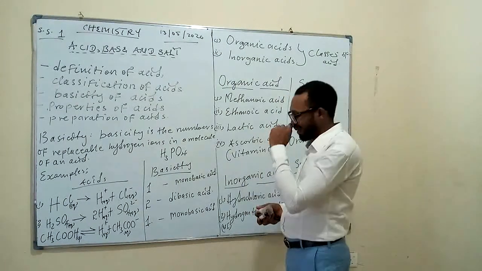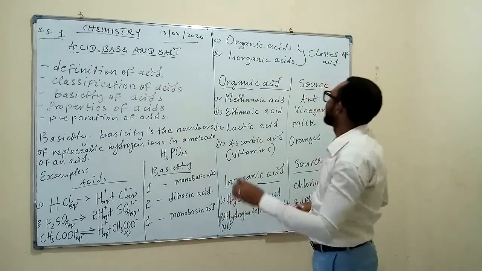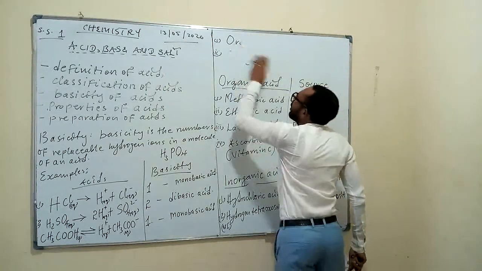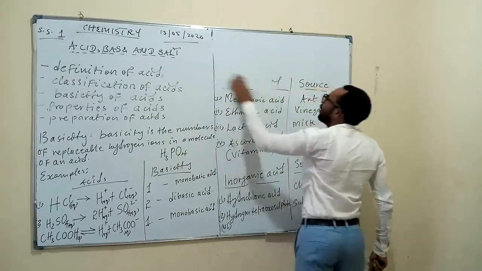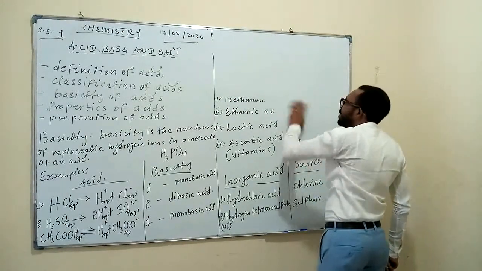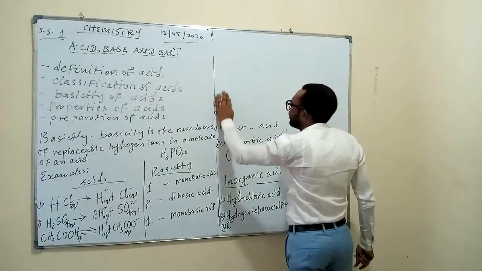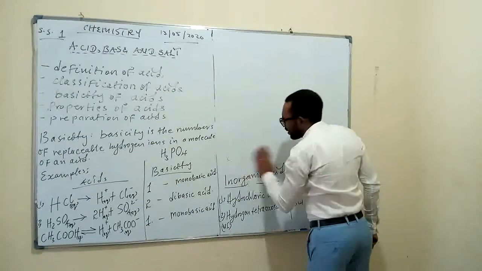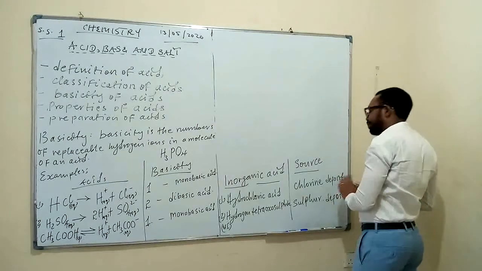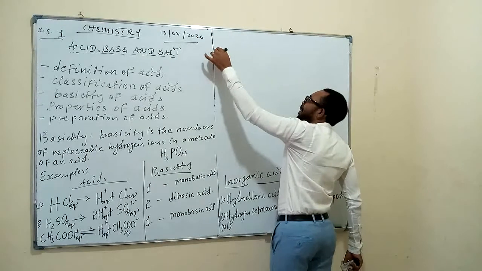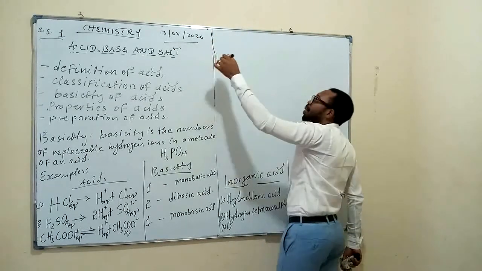Now we will look at the properties of acids. How can you identify an acid? We'll look at the physical properties of an acid first before the chemical properties.